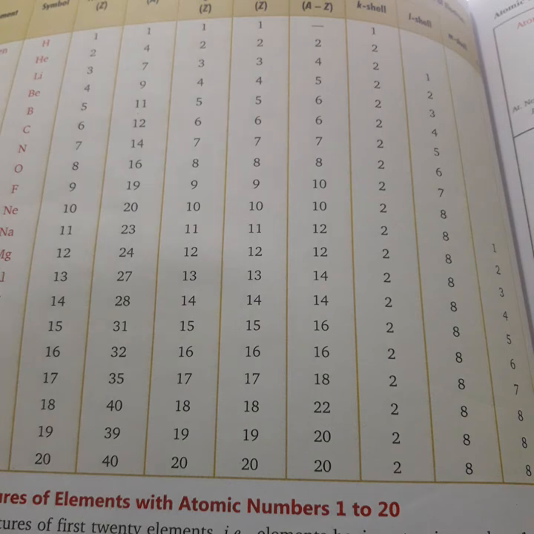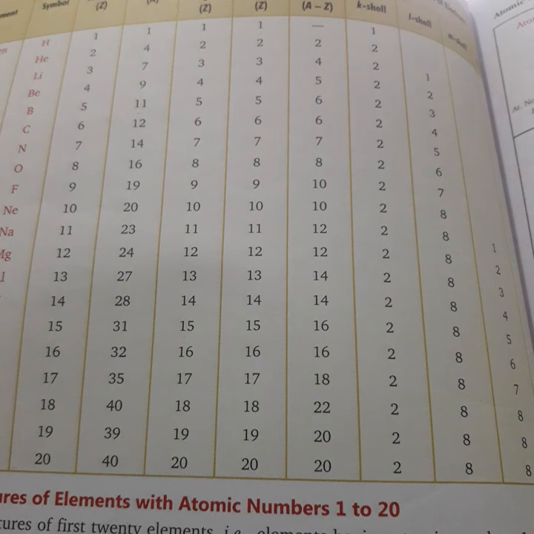Each shell has a limited capacity to hold electrons. The distribution of electrons into different shells of an atom was suggested by Bohr and Bury. Certain rules are followed for writing the number of electrons in different shells, or energy levels.